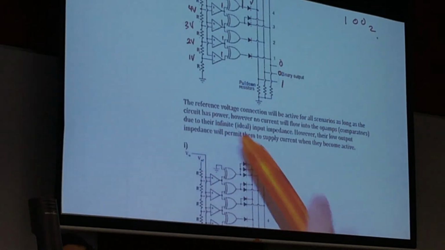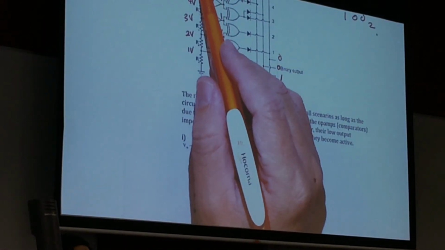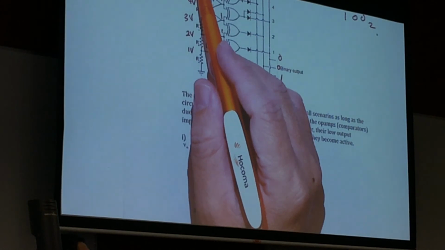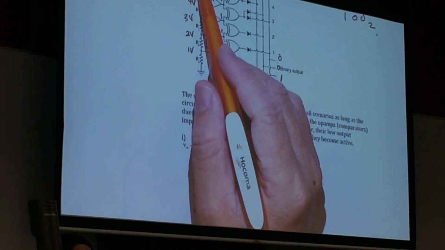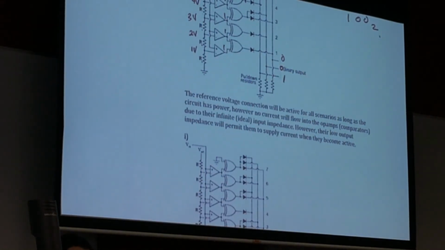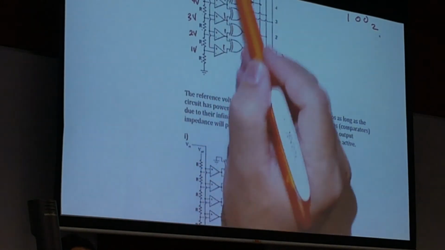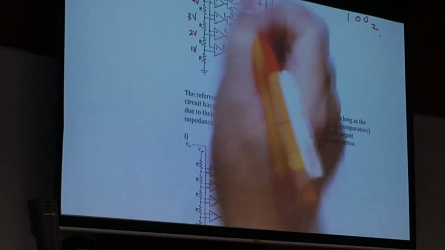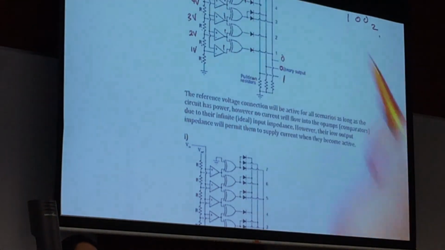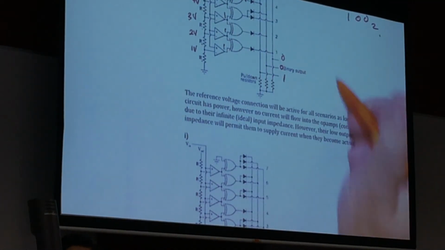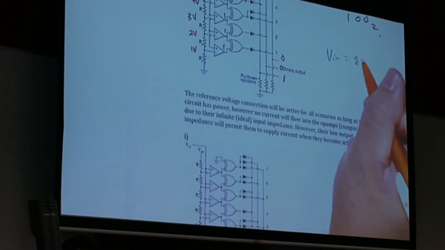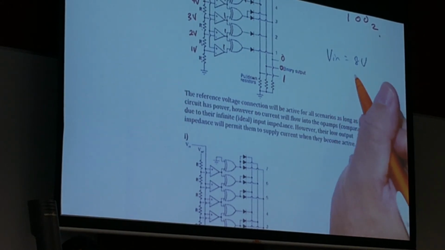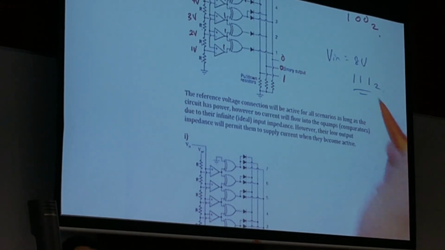Okay. Now, the answer for the 8 volts one is wrong. Class, your tutorial answer for the 8 is wrong, because when your input is 8, even the last comparator is a 1. If the last one is a 1, then the one that will give you a 1 will be this one here. So for V in equal to 8 volts, the output will be 1, 1, 1, 1, and not 1, 1, 1, 0. Is that clear?